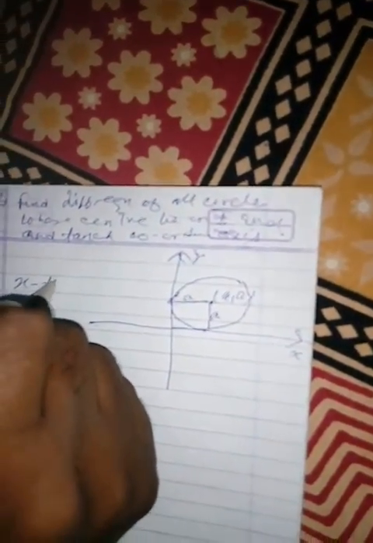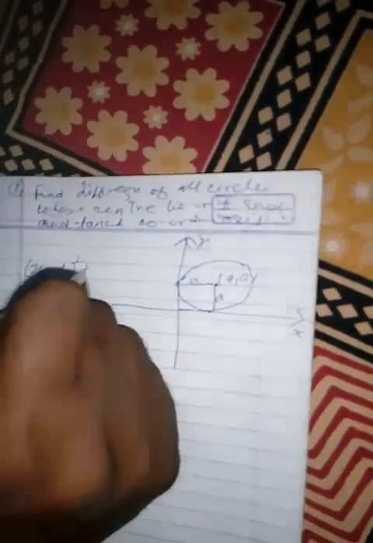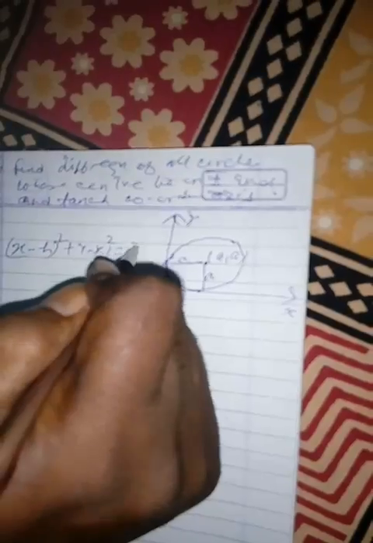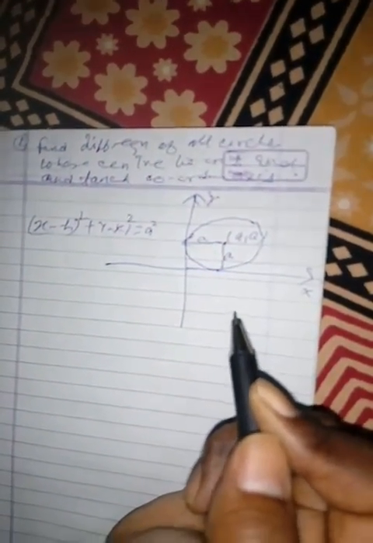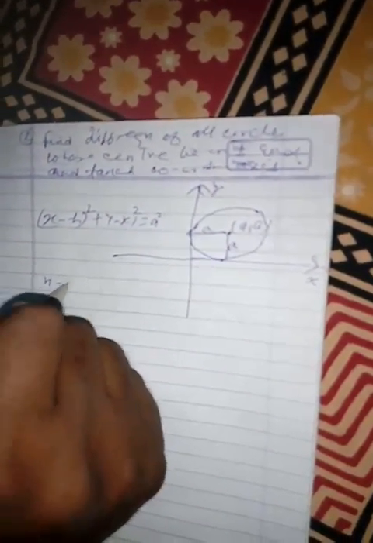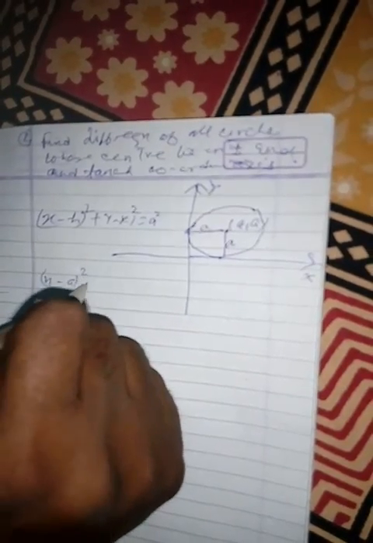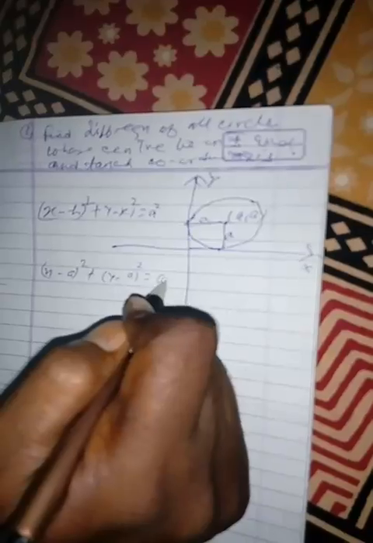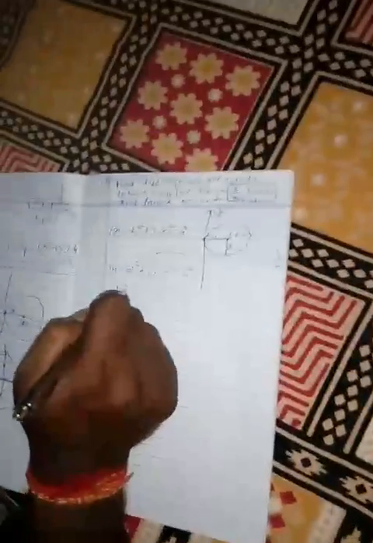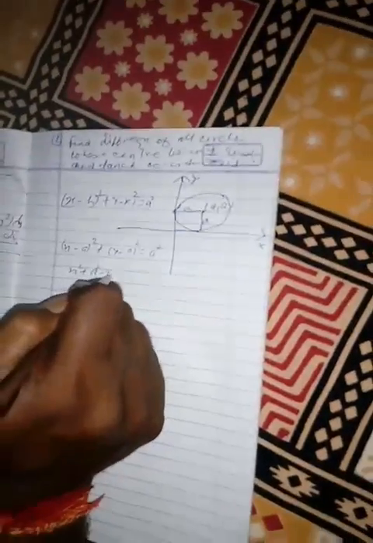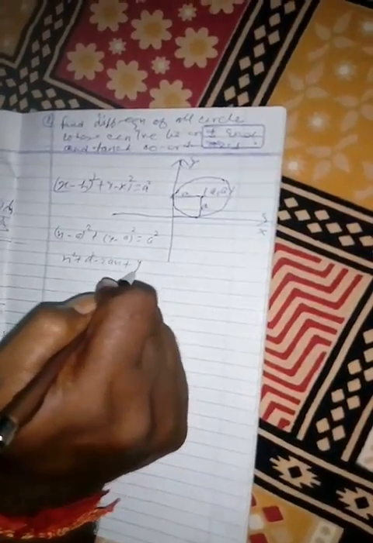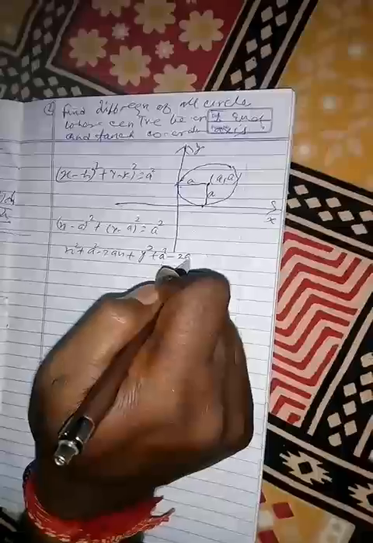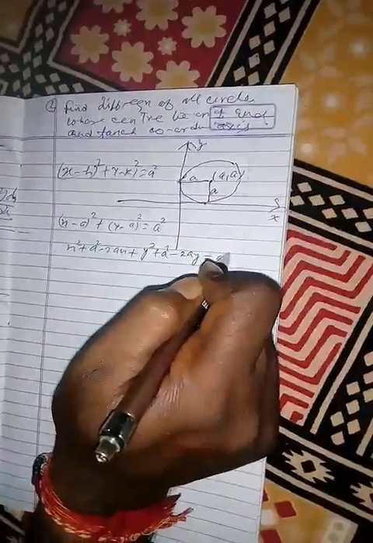Given center (h, k) and radius a, the equation of the circle is (x minus h) whole square plus (y minus k) whole square equals a square. Here the center is (a, a), so (x minus a) whole square plus (y minus a) whole square equals a square. Expanding, x square plus a square minus 2ax plus y square plus a square minus 2ay equals a square.